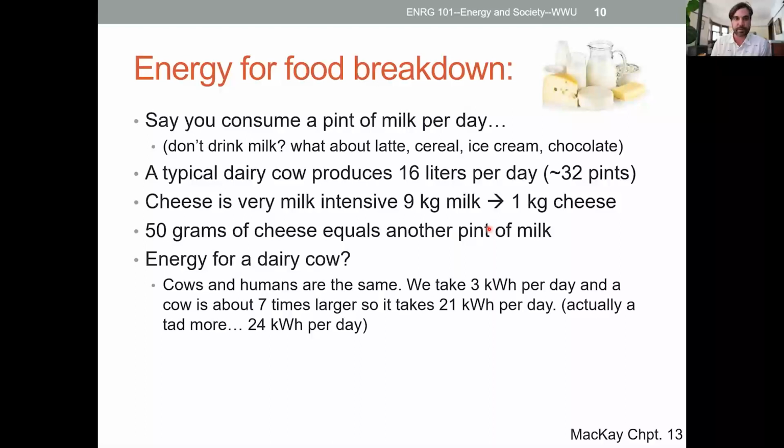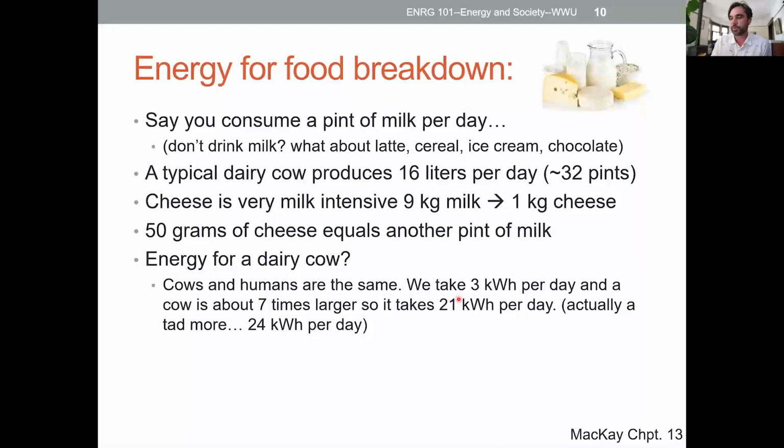Cows and humans are the same thing. We're both mammals, we both run at about 98.6 degrees Fahrenheit. A cow is just bigger. We take 3 kilowatt hours per day to run, and a cow is 7 times larger, so they take 21 kilowatt hours per day to run. Actual measurements are about 24 kilowatt hours, but you can see the power of just simple ratio and proportions, just thinking about things and generalizing.